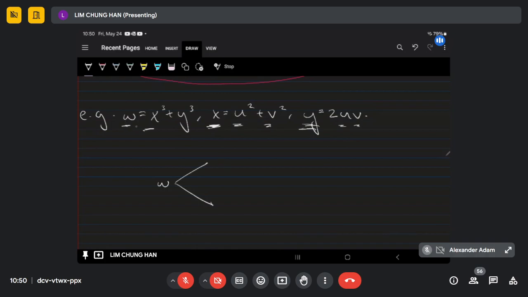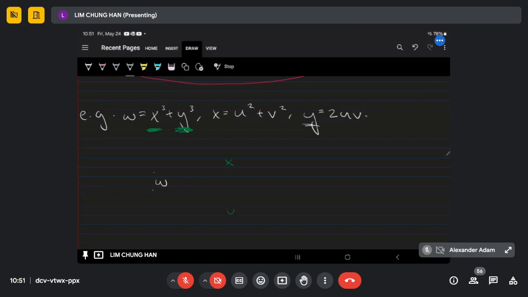How do you differentiate your intermediate variables? I'm going to use color code here. So w, you can see here, w is related to x and related to y. So that's why w needs to be linked to x and y. Sorry, the blue color, not a nice color.